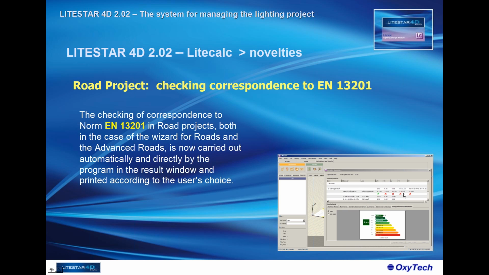Once we have finished the calculation, the program will automatically compare the values coming from the standard to the calculated ones, and show here if the value is satisfied or if it is not fulfilling the standard.